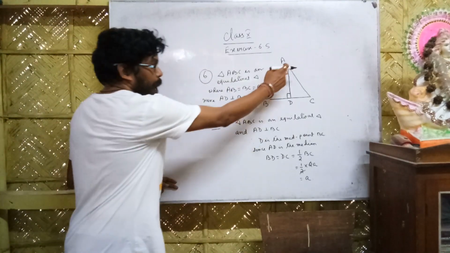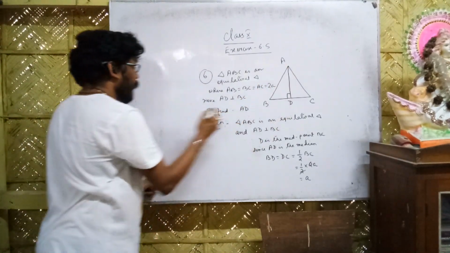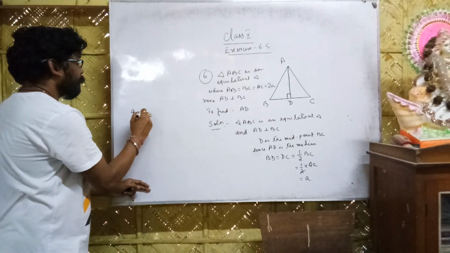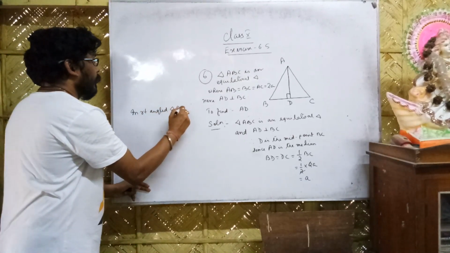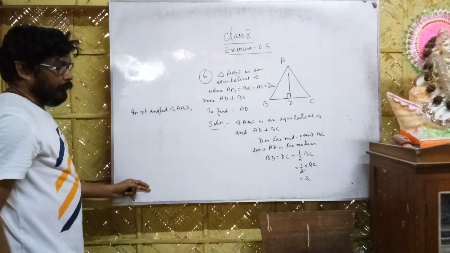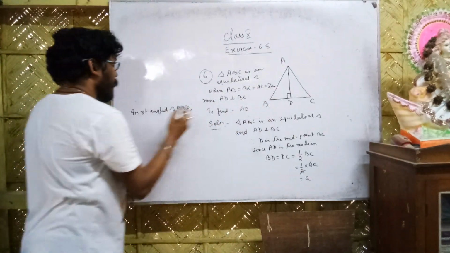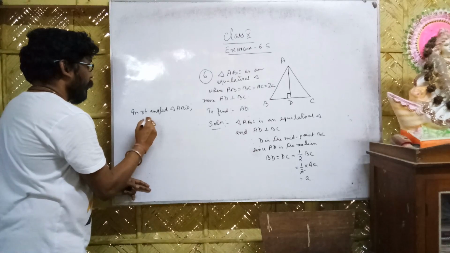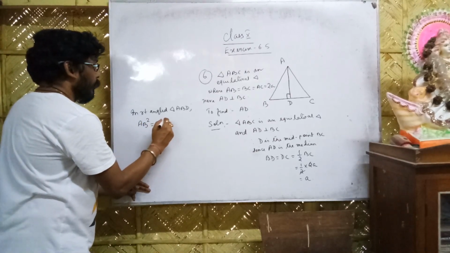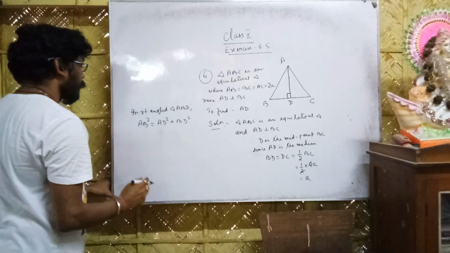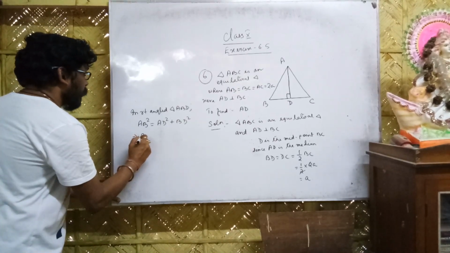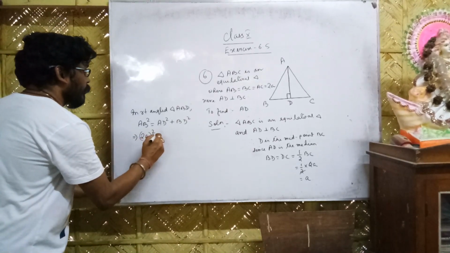Now what do I have to find out? I have to find the length of AD. So write, in right angle triangle ABD, the 90 degree opposite side is the hypotenuse. AB square equal to AD square plus BD square. So the AB value is 2A whole square.